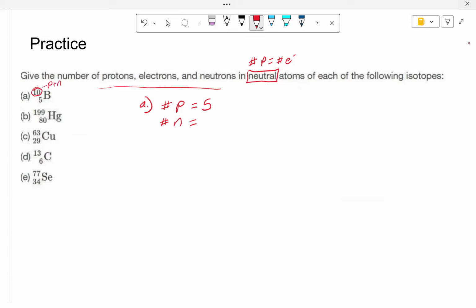That's protons plus neutrons. So if I take that mass number and subtract the number of protons, I get the number of neutrons. And then how do I find the number of electrons? That's pretty easy because if it's neutral, the number of protons equals the number of electrons. So that's a value of 5.